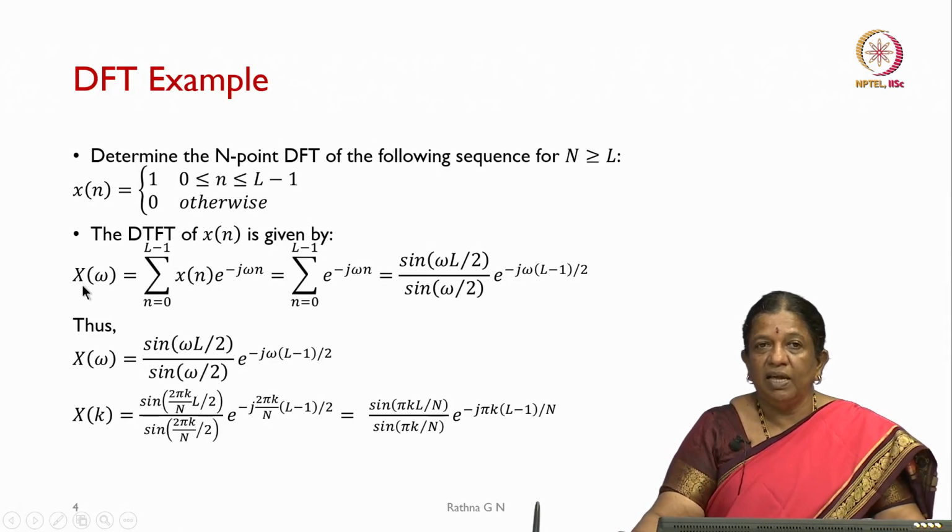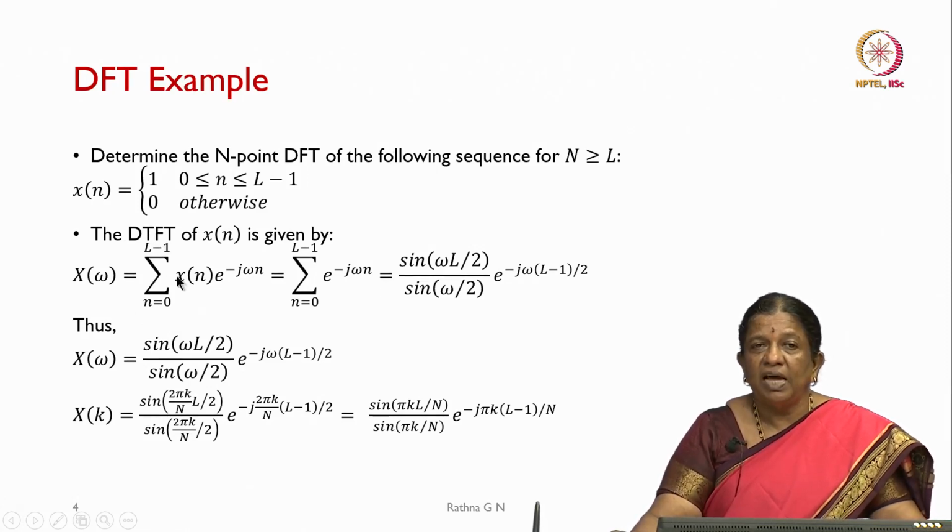Here we take X of omega, the DTFT, discrete time Fourier transform, where the amplitudes are discrete and the frequency is continuous. That is why omega is there, which varies from 0 to 2 pi. The DTFT is given as the sum of x of n into e power minus j omega n, and when we substitute, x of n is all ones.